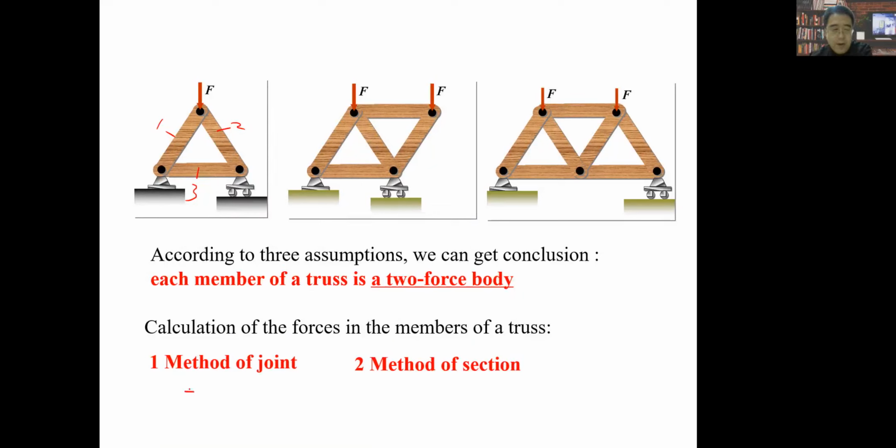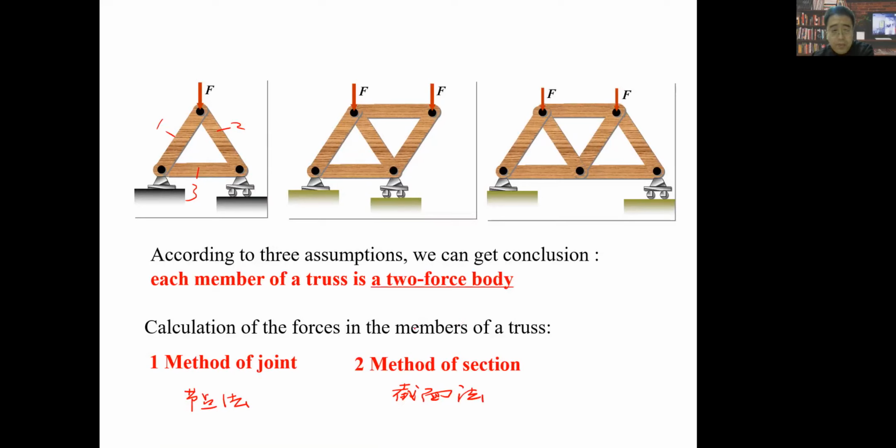In China, we call that 节点法. And the second method, we call the method of sections, 截面法.